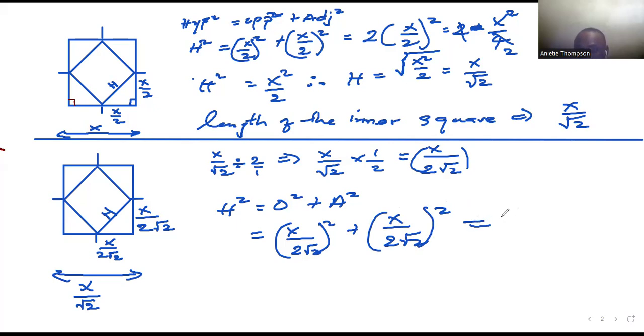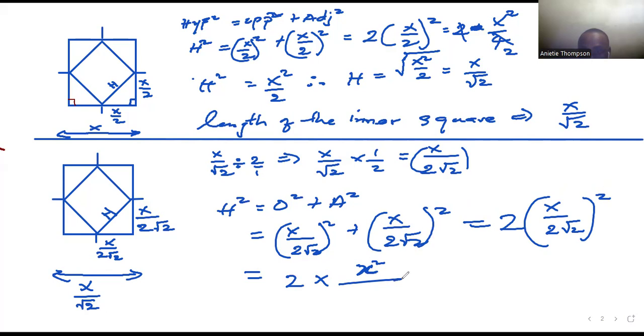That gives us 2 times (x over 2 root 2) squared, which is 2 times x squared over 4 times 2, since the square of 2 is 4 and the square of the square root is 2. The 2 cancels, and we are left with x squared over 4.